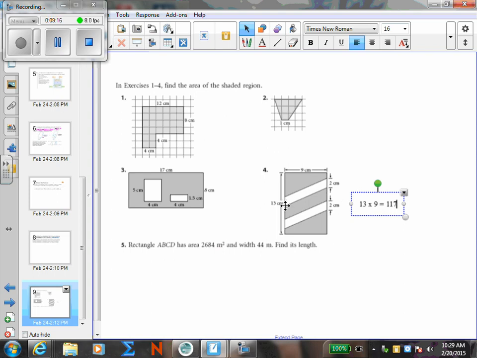And then you want to subtract out the area of the two parallelograms. Well, the height is still 9, and the base is 2. So we want to subtract 9 times 2, and there are 2 of those.